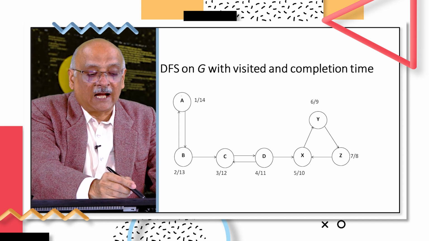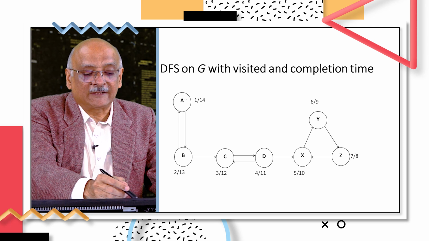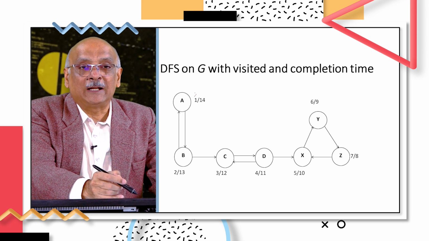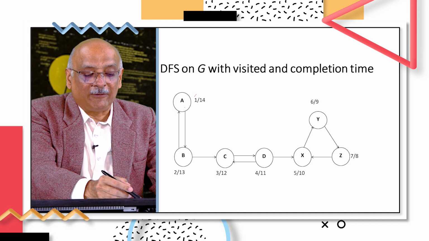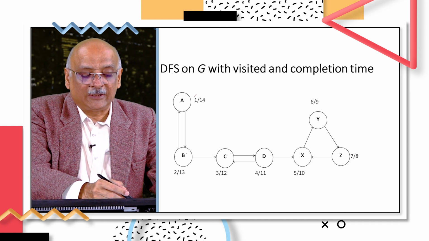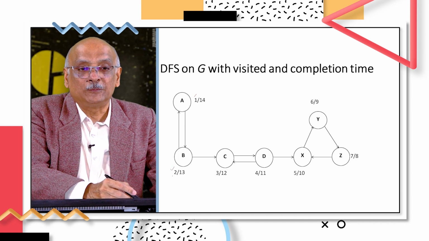So if we start the algorithm from A, A will be visited first. It is a DFS algorithm, so we visit A as 1 first. After we have visited A, we take this link and visit B. That is why B is 2.